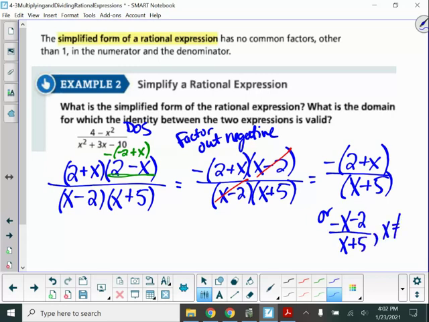Now, as far as the exceptions for what x can't equal, x can't equal 2 because of the x minus 2 in the bottom, and negative 5 because of the x plus 5 in the bottom. And that would be your solution for that.